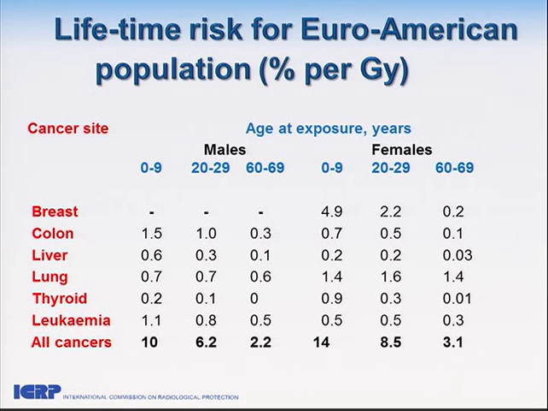This shows the age and sex dependence of risk, age and sex at exposure, different for different tissues, with generally, of course, greater risks at younger ages, but not uniformly so for different organs and cancer types.